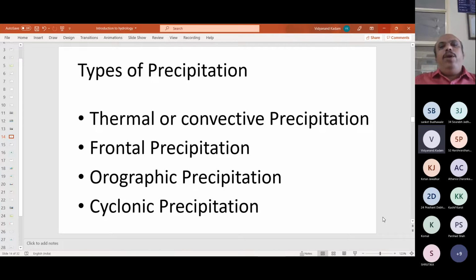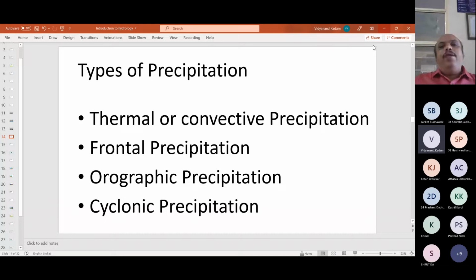Meanwhile, the wind is blowing over these water surfaces and land surfaces, and this blowing wind removes the air masses above the water bodies.